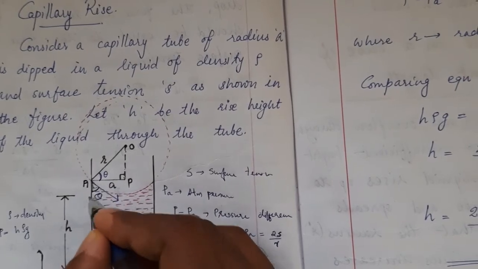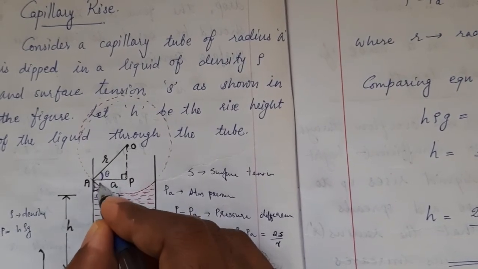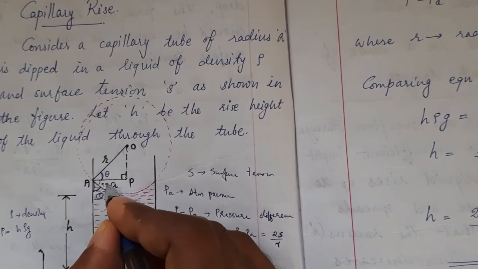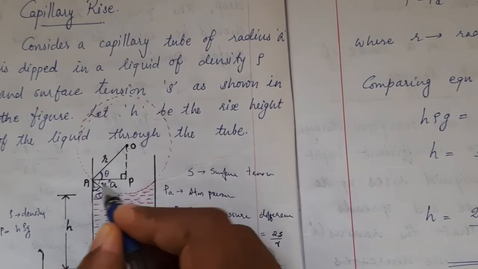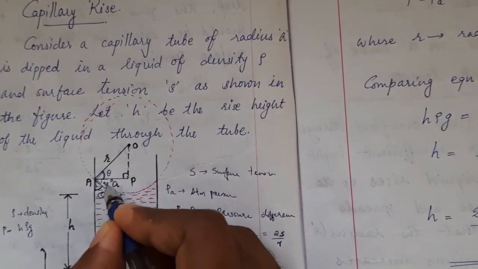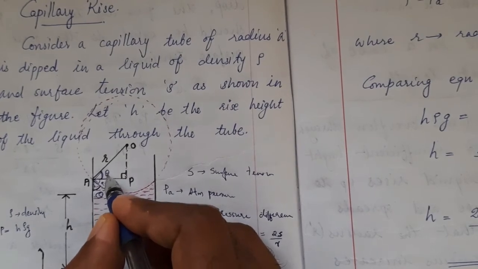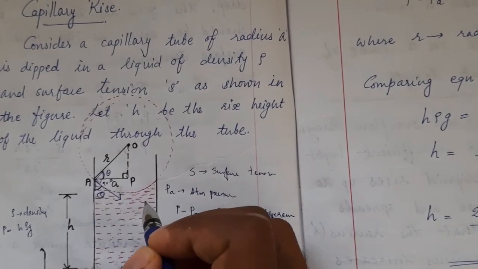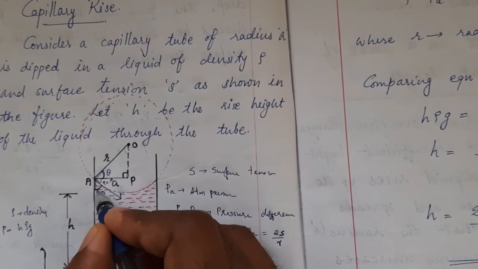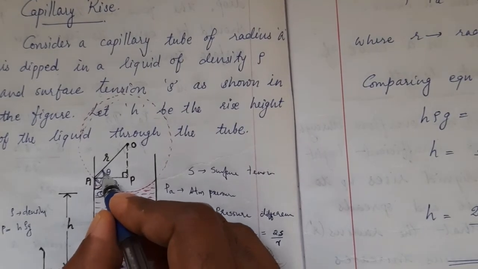If this line and this line are perpendicular, this is 90 minus theta, and this line and this line are also perpendicular, which means this is theta. So whatever the angle of contact is here, the same angle will be here.